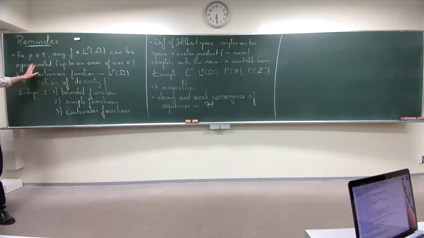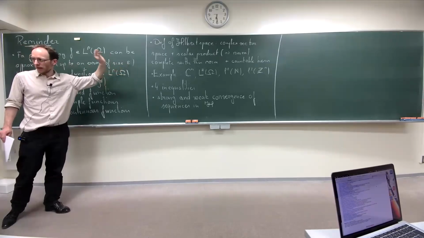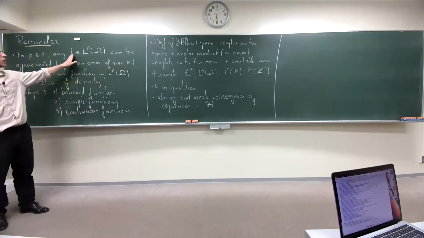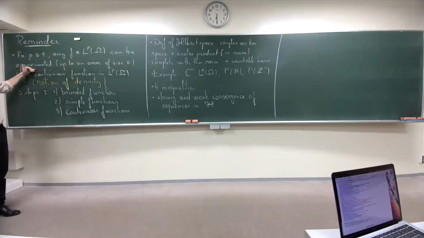So the last result I mentioned is up to an error of size epsilon, and you can choose epsilon as small as you want. You can always approximate any wild function in LP by a continuous function. But of course, you lose something.